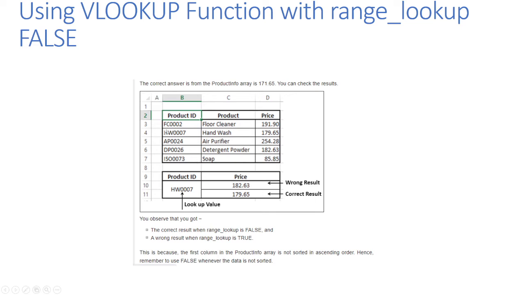So if we try this one, you notice here that we have different values. We have 182.63 here, when we have 179.65 here. So this is the wrong result, and this one is the correct result because this is the price of hand wash with this HW0007.